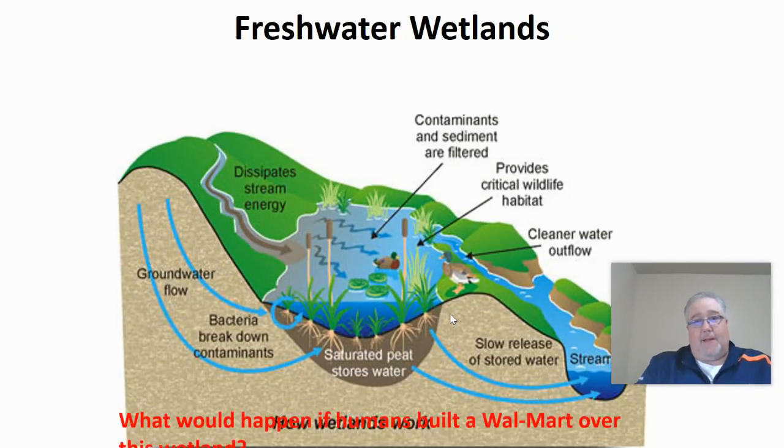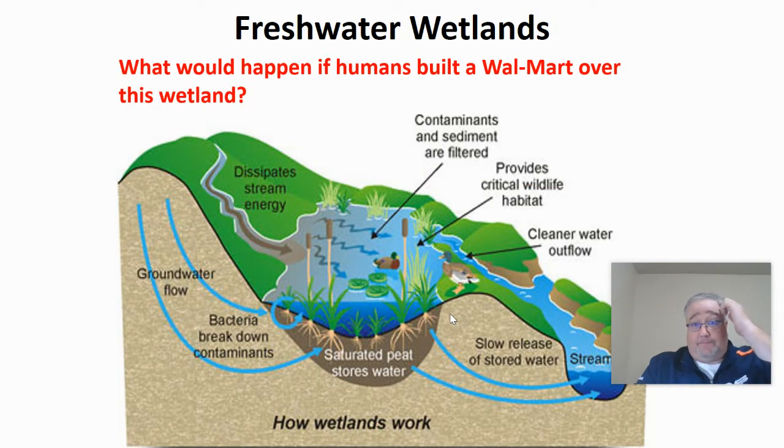All right. Last couple things here about wetlands. Here we have a typical wetland on this picture. The thing about a wetland is there's always going to be an input of water, like a stream that'll flow into it. And there's usually going to be an output, like a little stream that flows away from it.